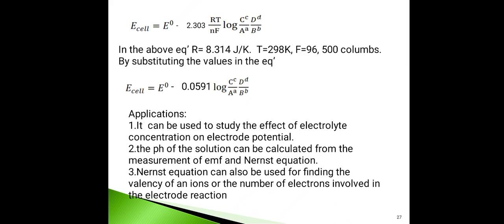Let us go to the next important topic. We have some important applications of this Nernst equation, so let us study them. First, it can be used to study the effect of electrolyte concentration on electrode potential.